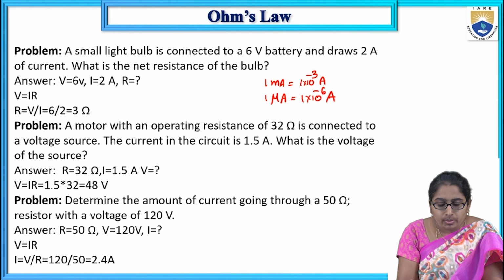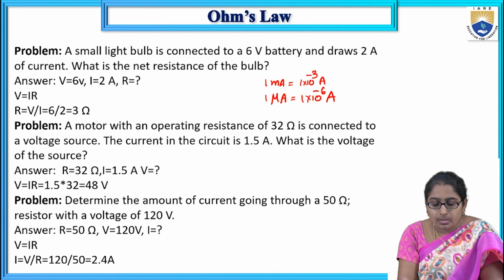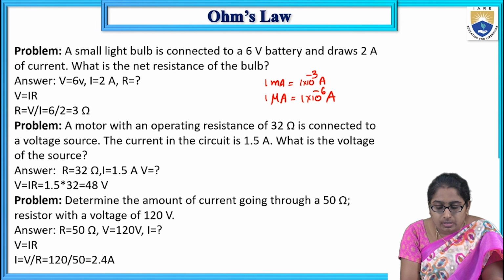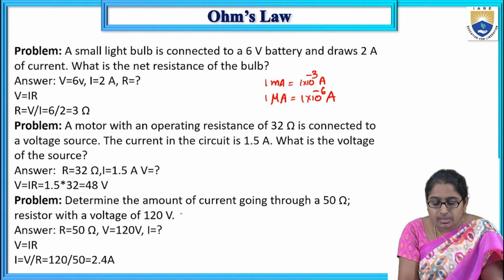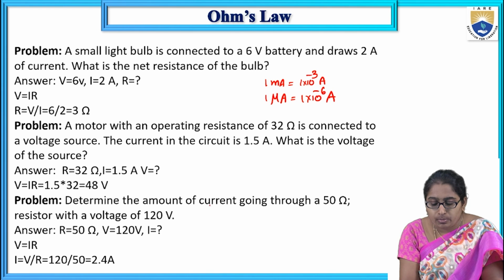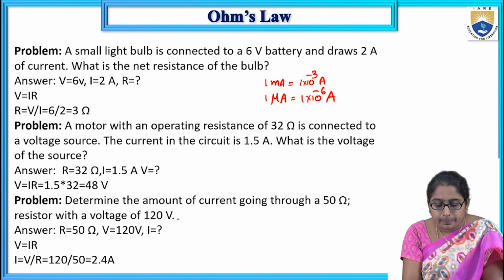Now next problem: determine the amount of current going through a 50 ohm resistor with a voltage of 120 volts. They're asking the current flowing through the resistor of value 50 ohm when the voltage is 120.